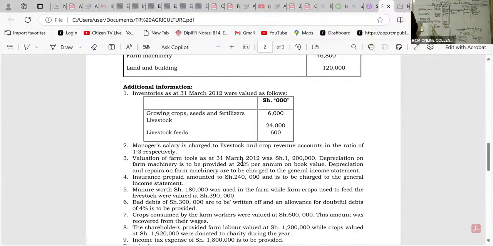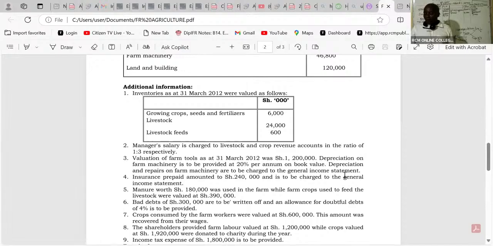Depreciation and repairs on farm machinery are to be charged to the general income statement, so I can't bother about it at the moment. Note 4, insurance prepaid amounted to 240,000 and is to be charged to the general income statement. That cannot affect our specific biological asset revenue accounts.